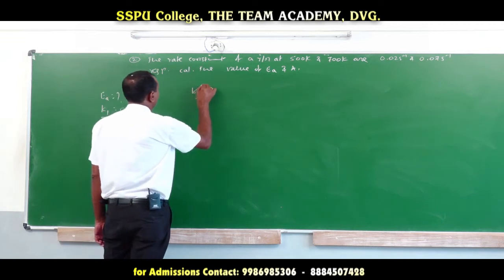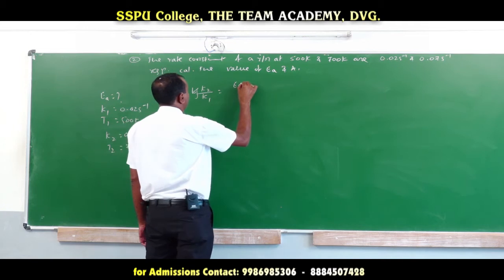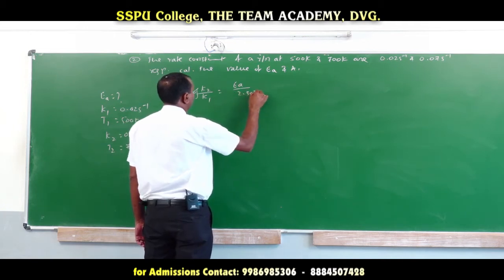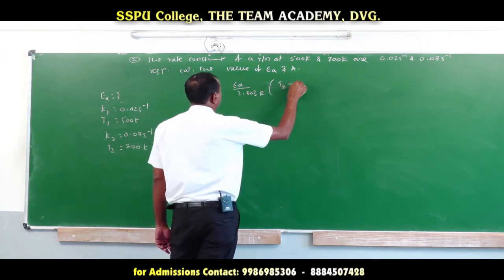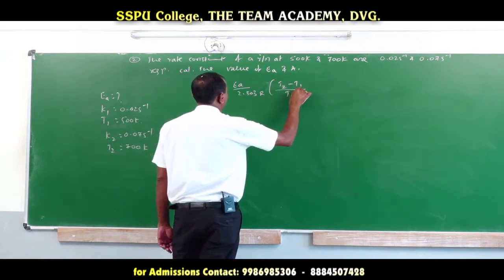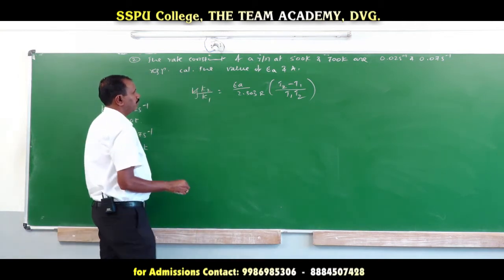By using the formula log K2 by K1 equals E_A by 2.303 R into (T2 minus T1) divided by T1 T2. This is the Arrhenius equation at two different temperatures.